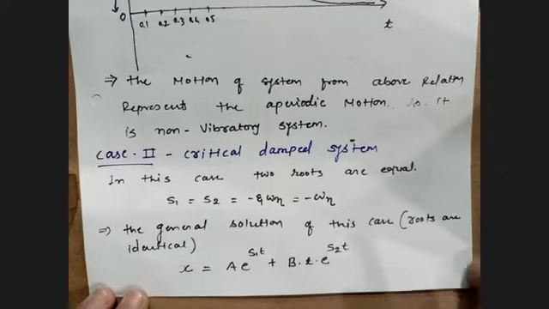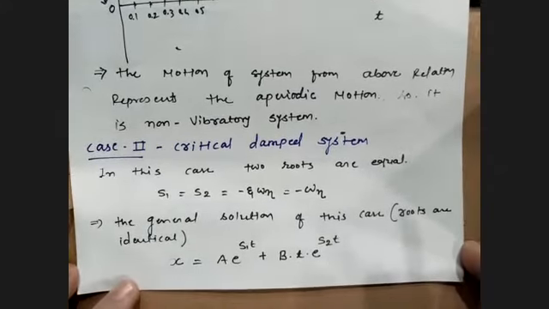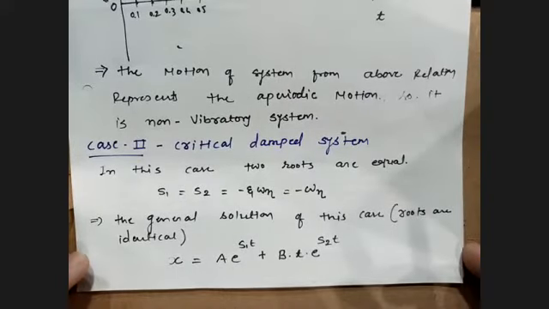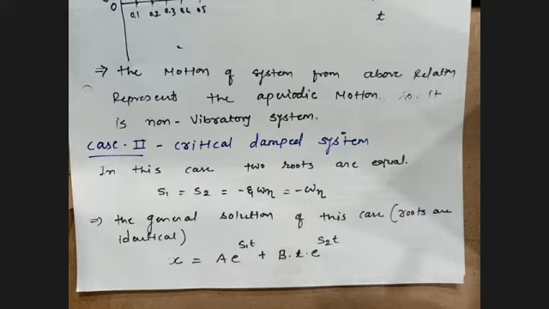Remember, as I already told you, these are the solutions of the differential equation for various cases. The solution depends on what type of roots have been obtained for the particular equation. If the roots are identical or similar, then the solution should be different. If the roots are real, then it could be different.